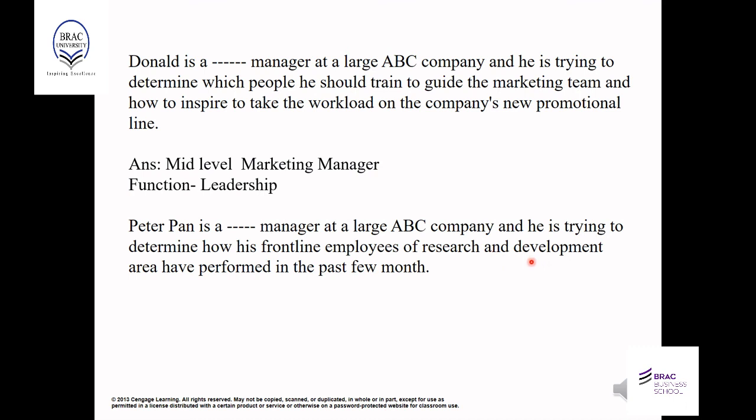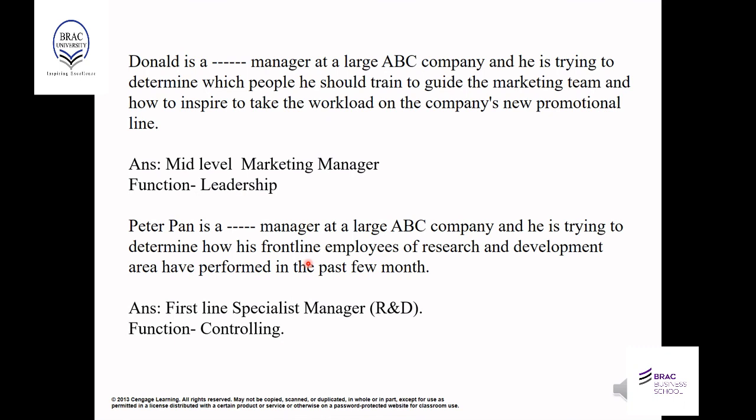So definitely he's the boss of the research and development department. And here he is evaluating the performance of first line employees. So he is doing the control task. So the final answer is Peter Pan is the first line manager specialized in research and development department and doing the control task.